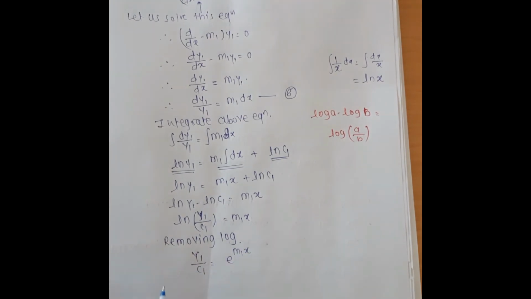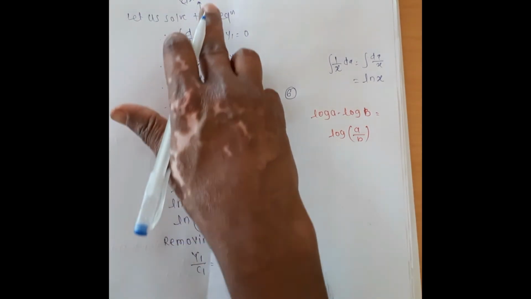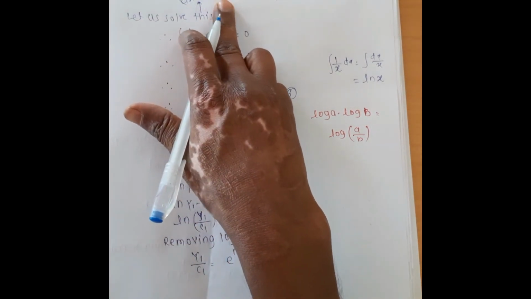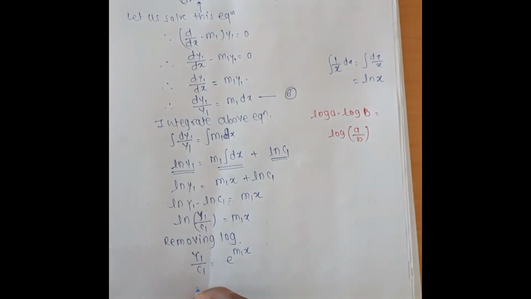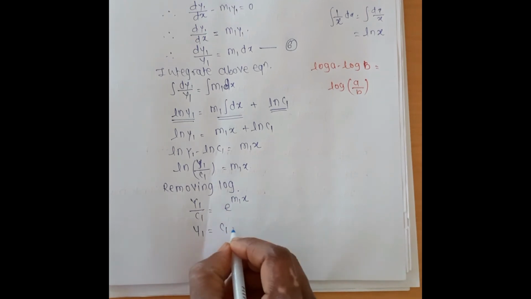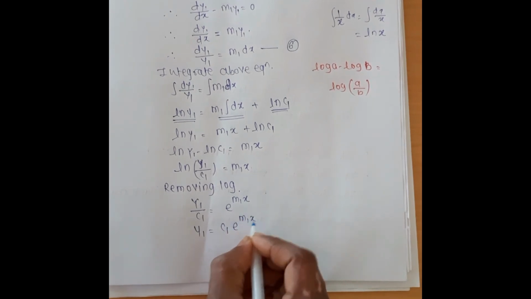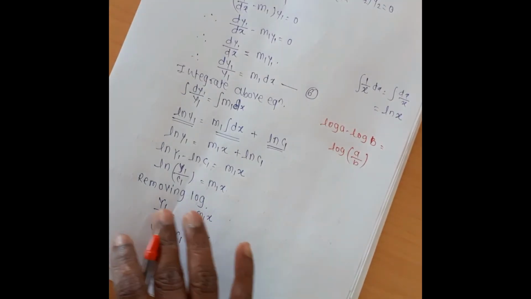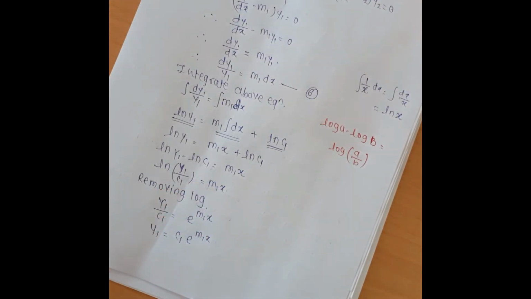Now we find out the value of y1, because our solution is for the y1 term. So y1 is equal to, this c1 goes to the other side and is simply multiplied, c1 e raised to m1 of x. So here we get the value of this equation.